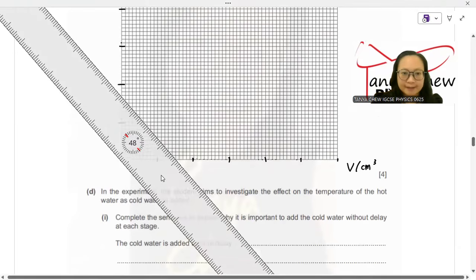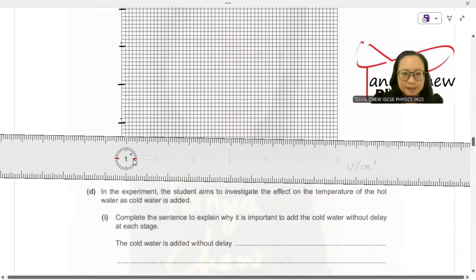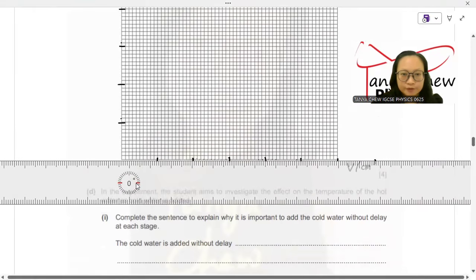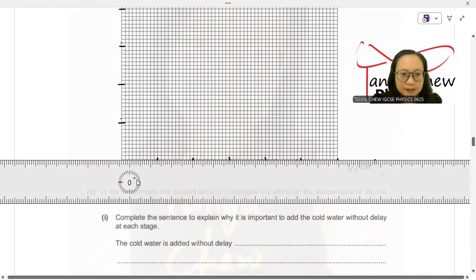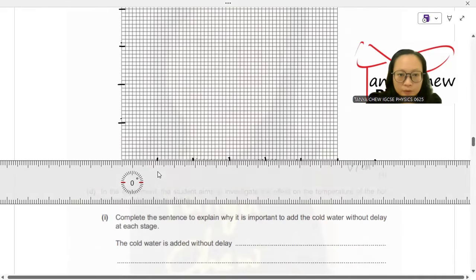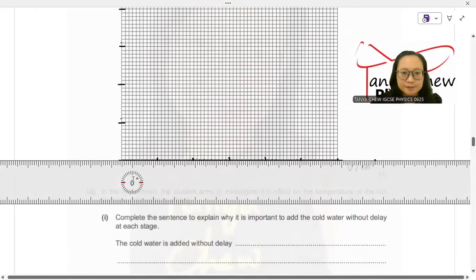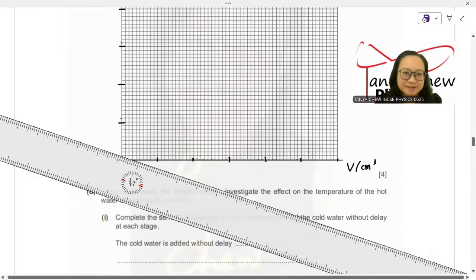Okay, so I'm going to draw the x-axis first. This is my x-axis. Draw it first. This is a line of the x-axis, a bit lower. And this is my line of y-axis.